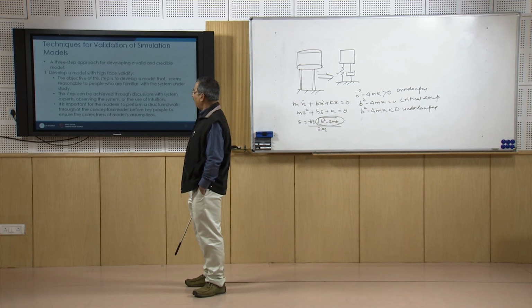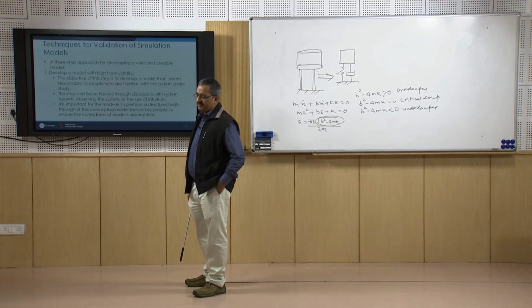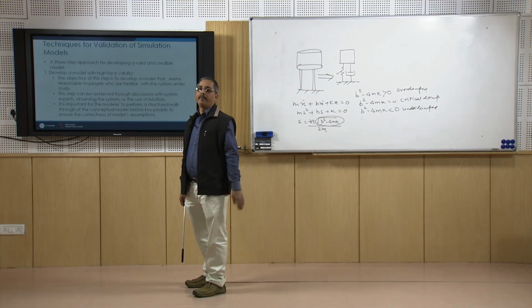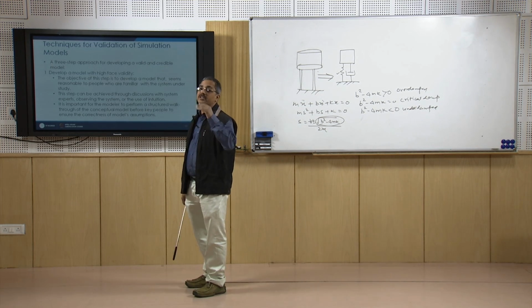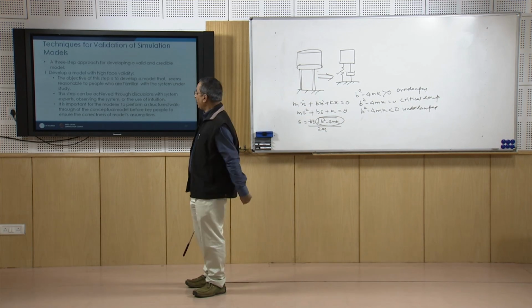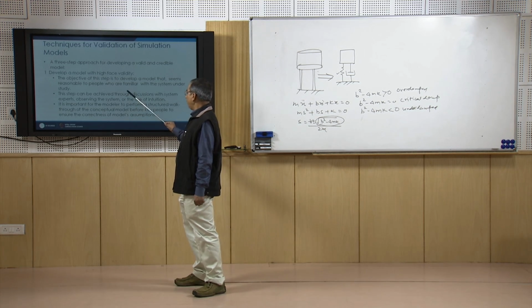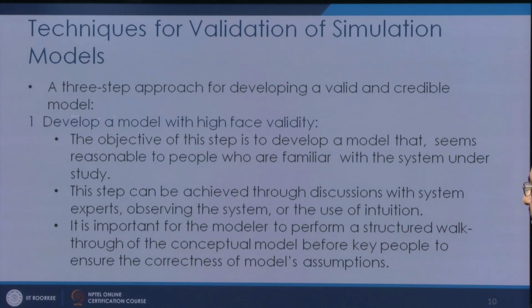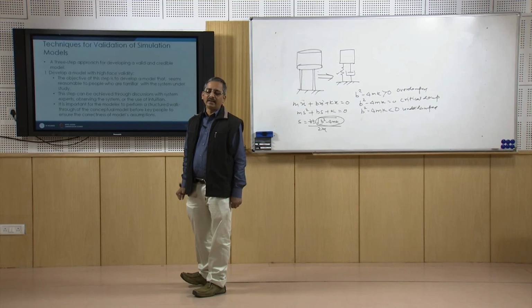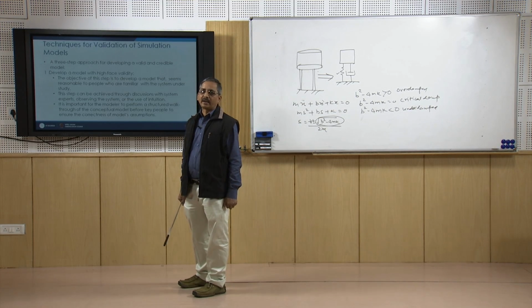What this means is that whatever model you have developed, that model should be reasonable and convincing. This step can be achieved through discussion with system experts, observing the system, or the use of intuition. As I was telling you, intuition plays a very big role in your modeling and simulation activity.